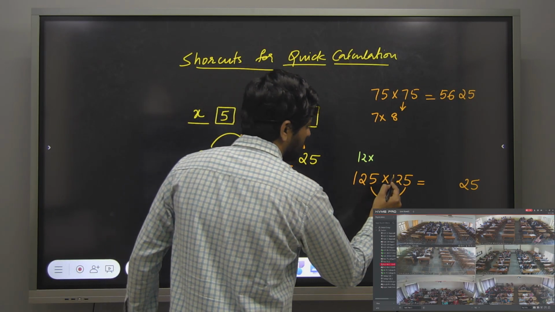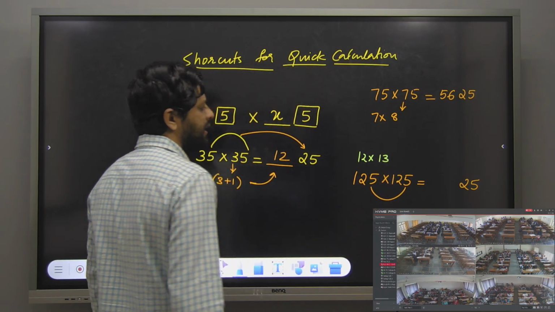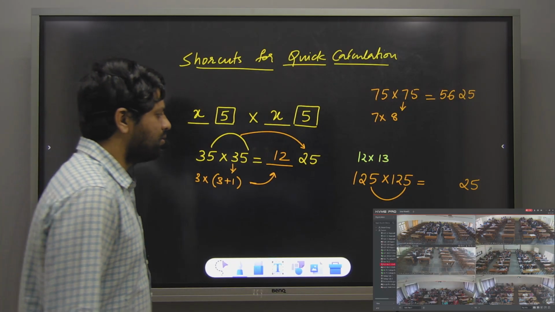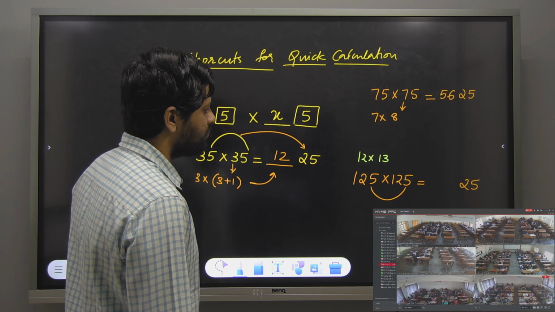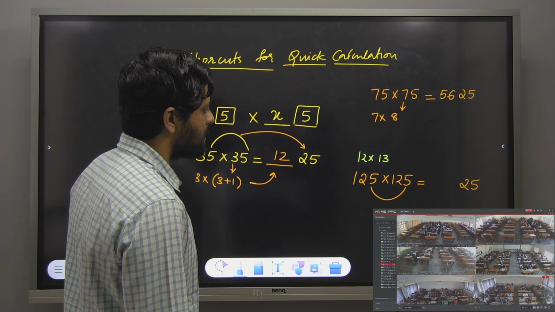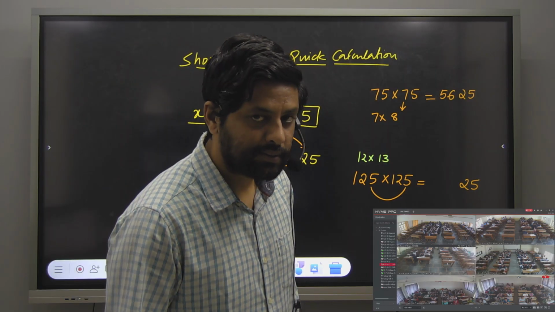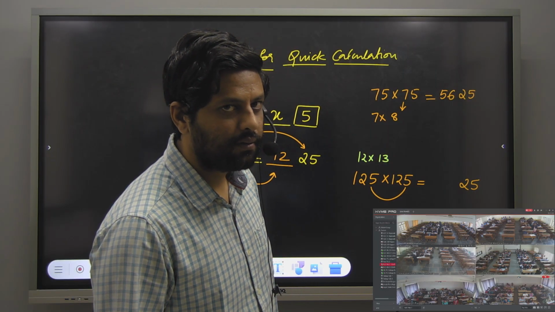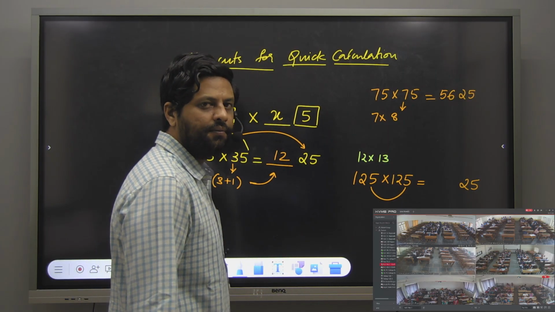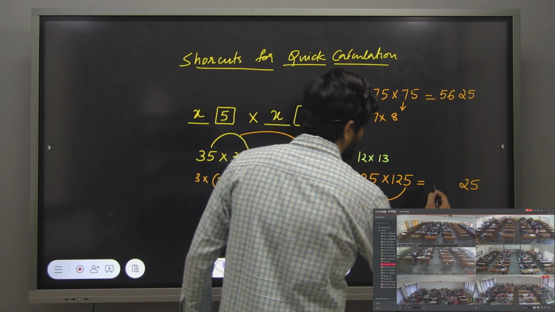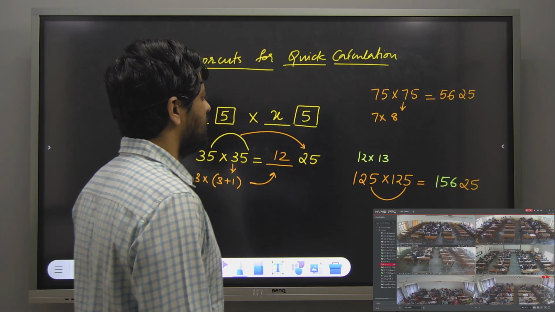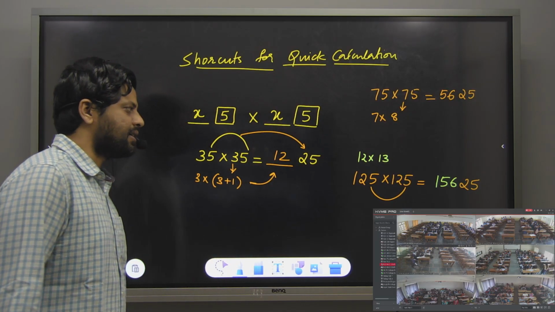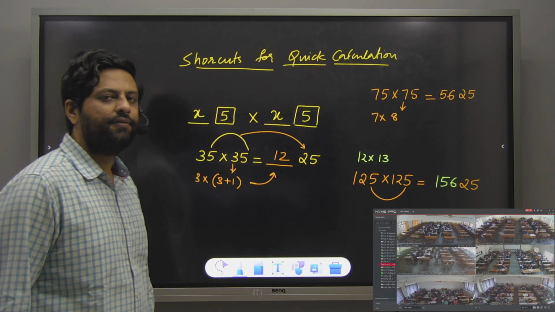How much is 12 into 13? It is 156. 13 into 10 is 130, 130 plus 26 is 156. So the answer is 15625.